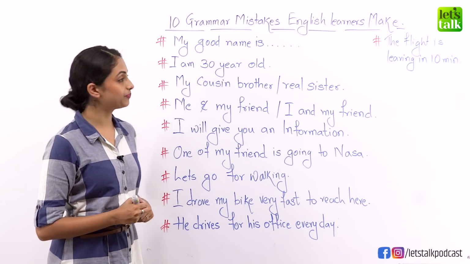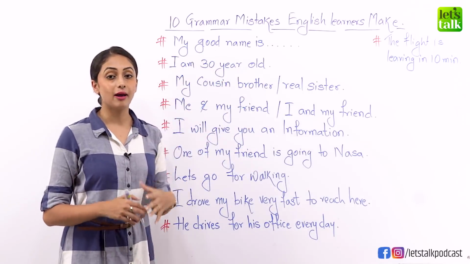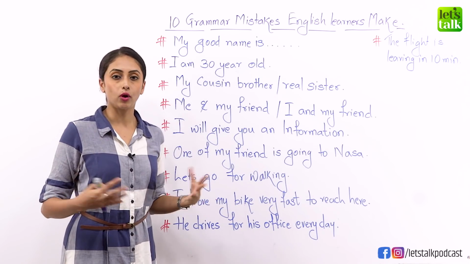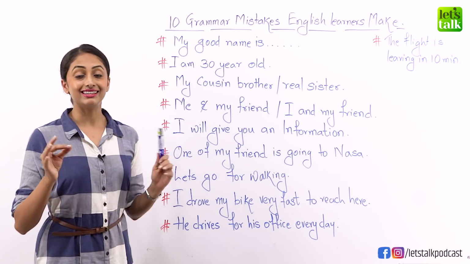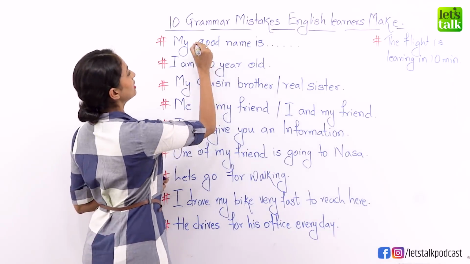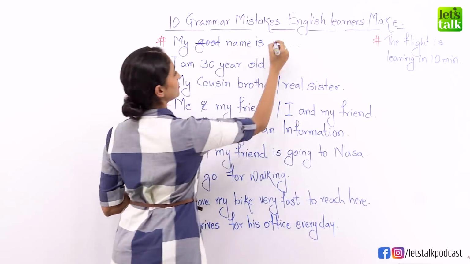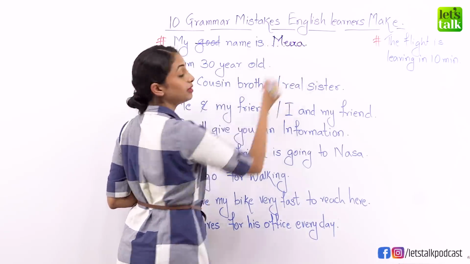So let's begin. My good name is. Do you find yourself saying myself or my good name is? My good name is Meera is incorrect. Then what is correct? My name is Meera.